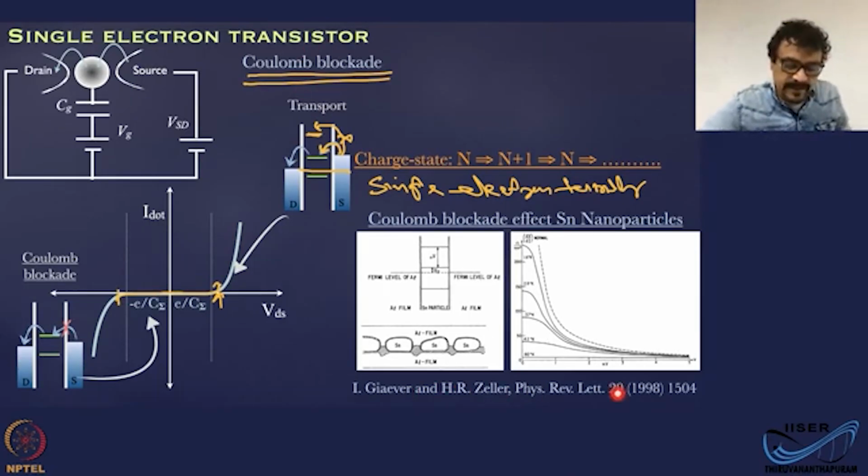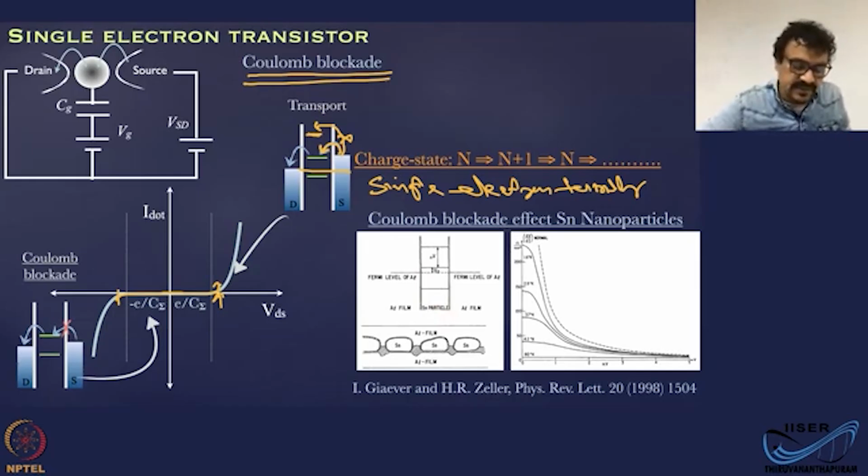And in this paper, they have observed the charging effect through tin nanoparticles which are deposited on an aluminum film. Okay, so they have thin tunnel junctions on both sides. This is giving a rough idea of how the energy levels are aligned.